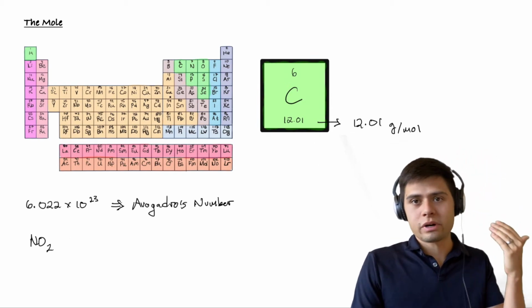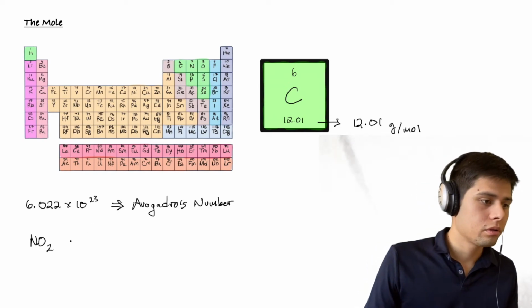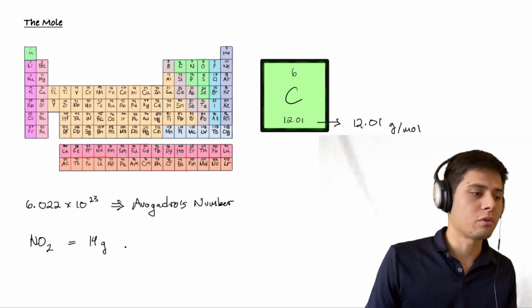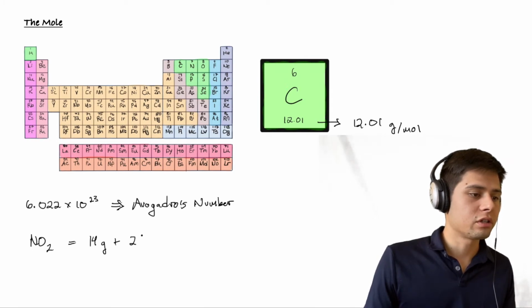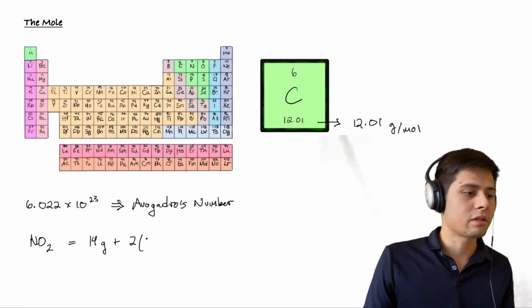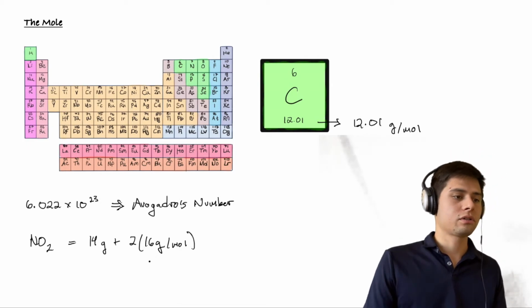From memory, I've done this a lot, nitrogen is about 14 grams per mole. And then we have 2 oxygens, and from memory again, I have about 16 grams per mole for oxygen.